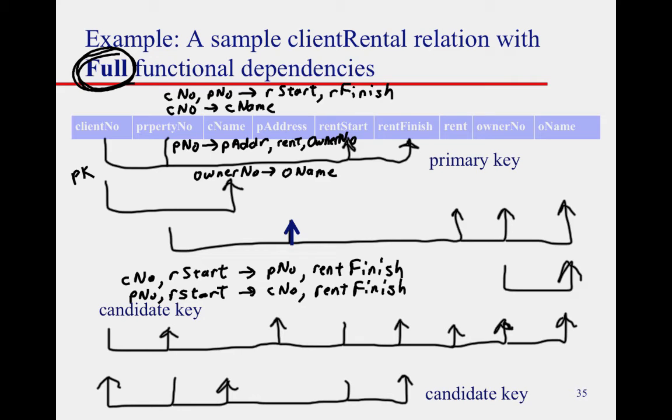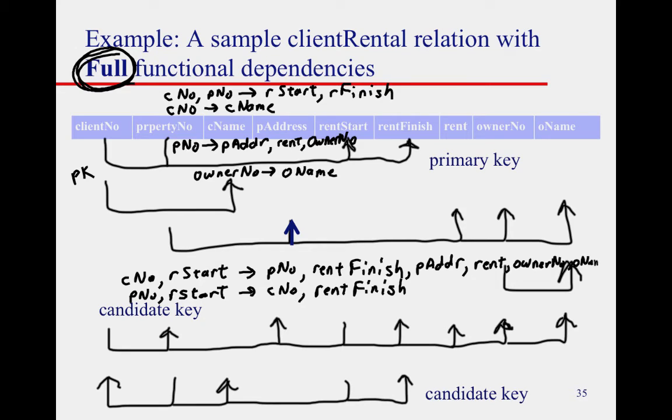Wait a minute, just a second, this is bad. I do have to include all the attributes in here. So it determines property number, rent finish, property address, rent, owner number. Technically, I have to.